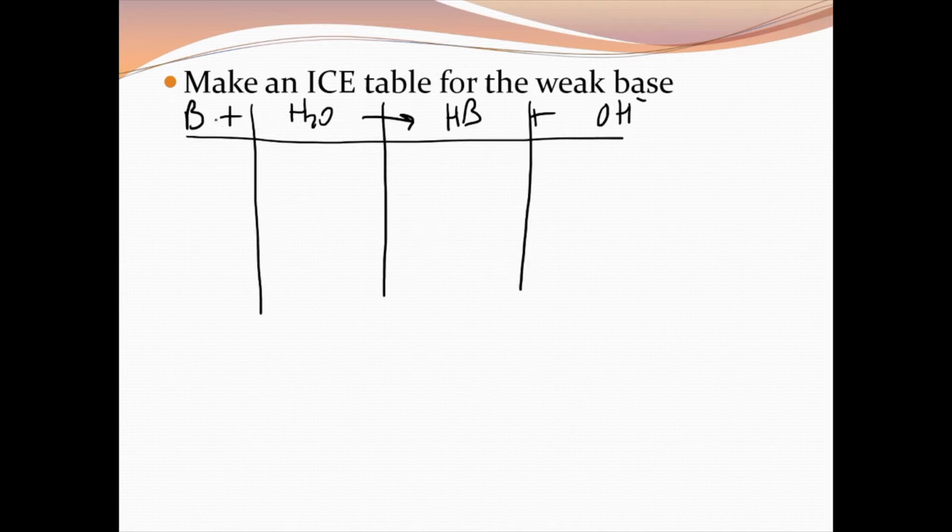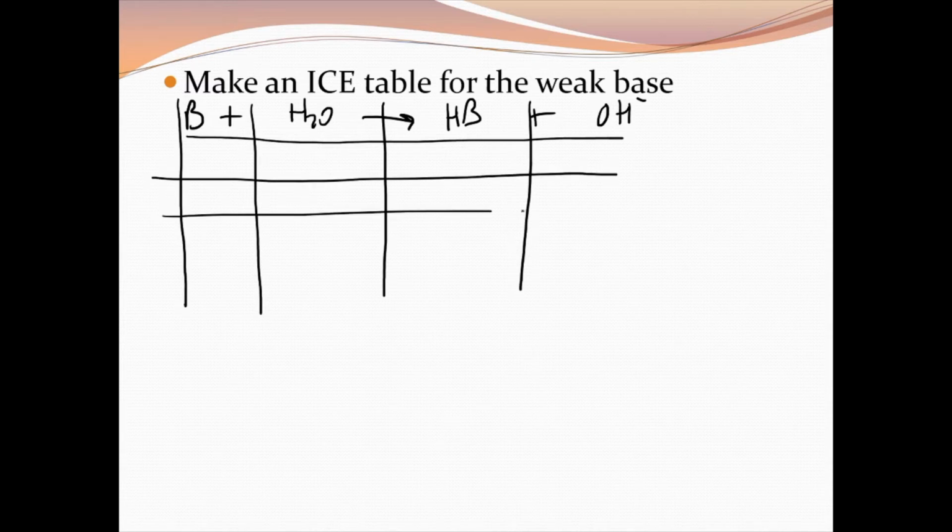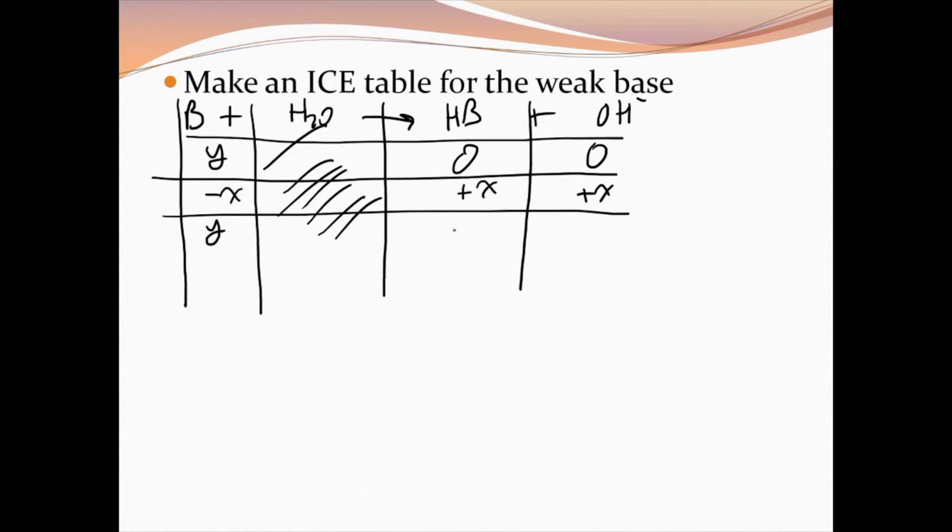In a very similar fashion, we get some unknown. This doesn't matter because it's water. 0, 0, plus x, plus x. This is minus x, but really it's the same. And then this ends up being x and x.